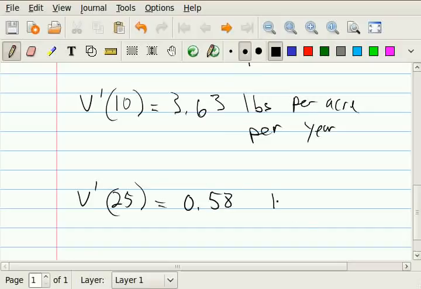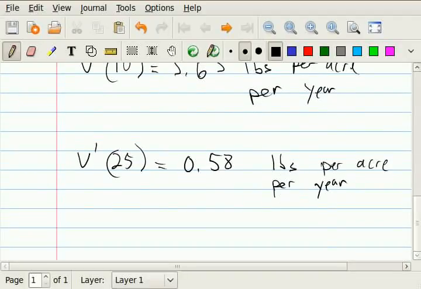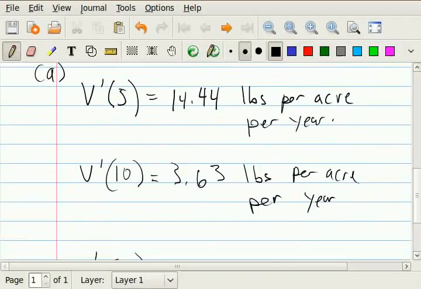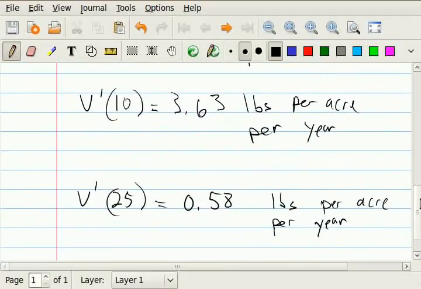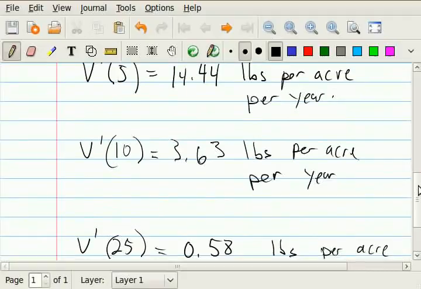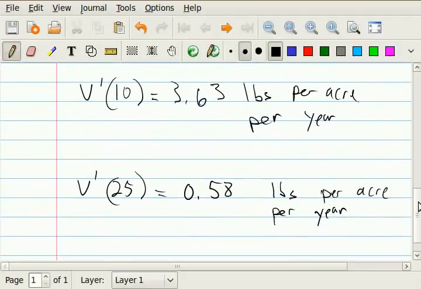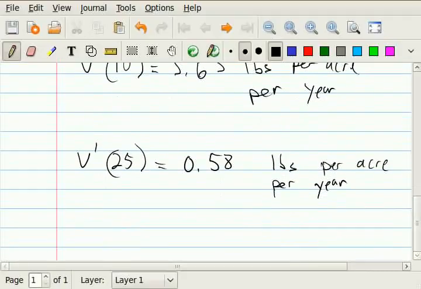So after 25 years, the yield per acre is only growing by basically half a pound per acre per year. Remember, these are growth rates. They're not telling us the yield per acre, just how fast the yield per acre is growing. We see what is probably the expected outcome for an orchard: as time goes on, the growth of the orchard slows down, and at some point it starts growing very slowly.